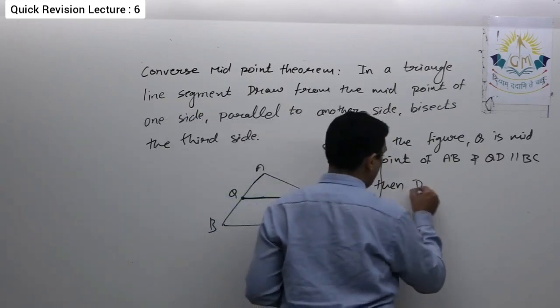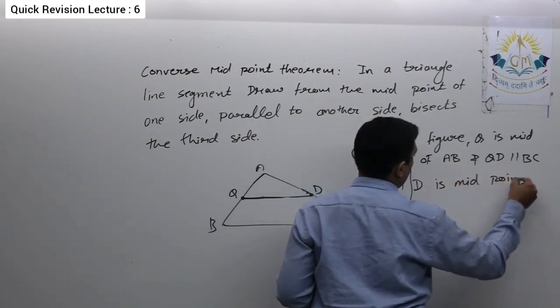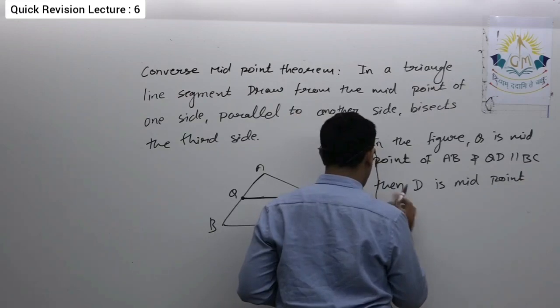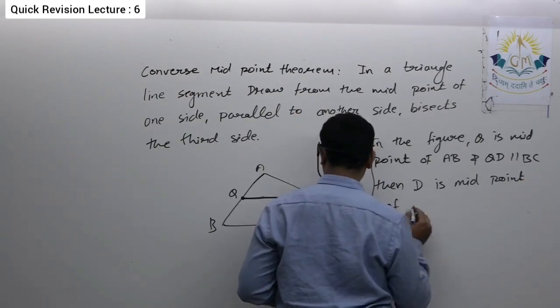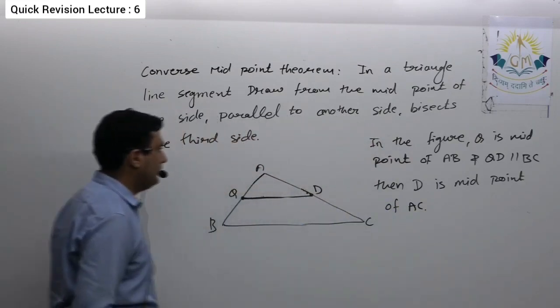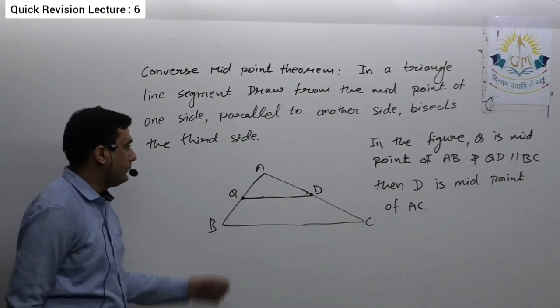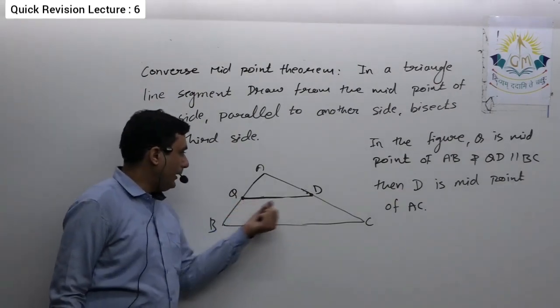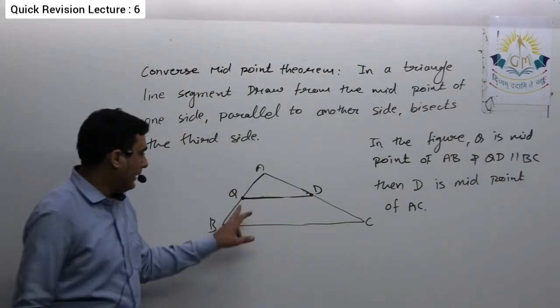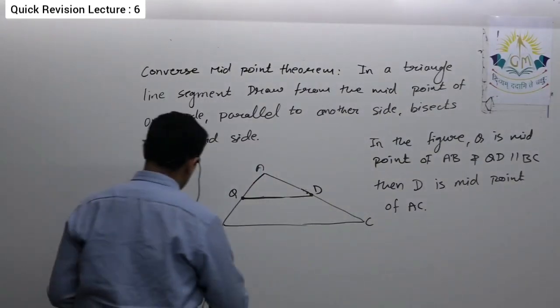If Q is the midpoint of AB and QD is parallel to BC, then D is the midpoint of AC. So that is the converse of the midpoint theorem.